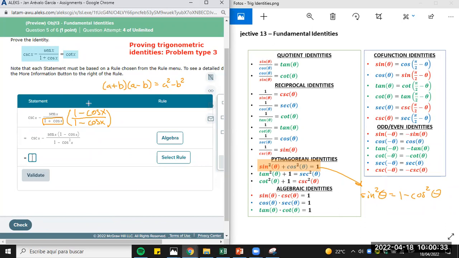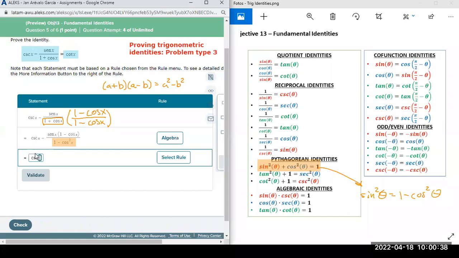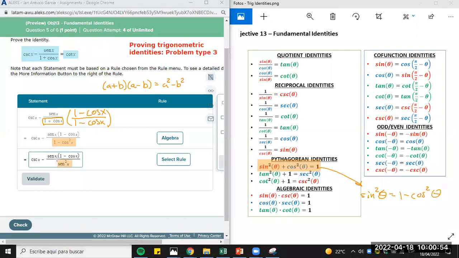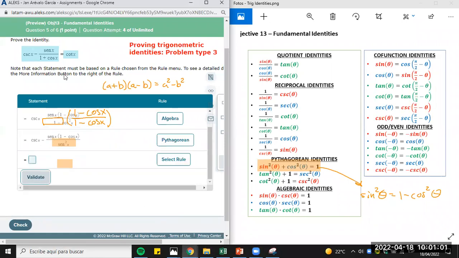Now we can use this one that we already said. This will be cosecant of x minus sine of x times 1 minus cosine of x, divided by, and that 1 minus cosine squared of x is the same as sine squared of x. This is what happened, and that is a Pythagorean identity. Validate.